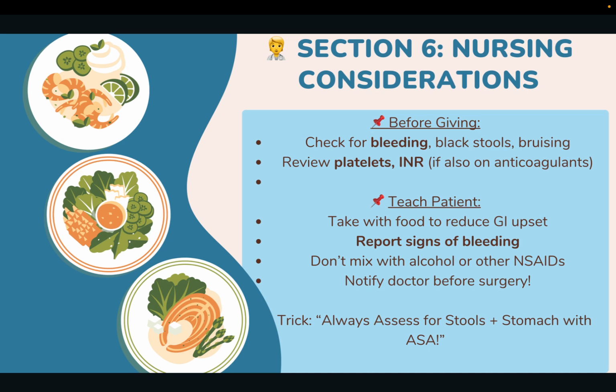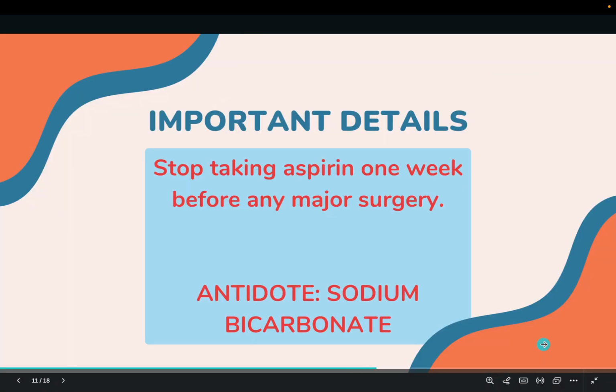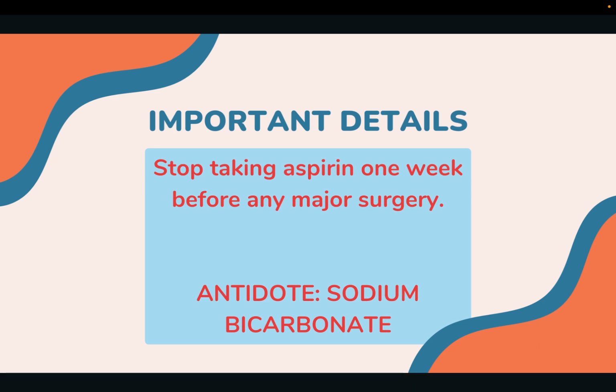So before giving the medication, we're going to check if the person is bleeding, and then we're going to review the labs, and we're going to teach the patient to report any signs of bleeding, and not to mix it with alcohol or other NSAIDs, and to take it with food to reduce GI upset, and provide small frequent meals to relieve GI discomfort. Another important detail is to stop taking aspirin 1 week before any major surgery.